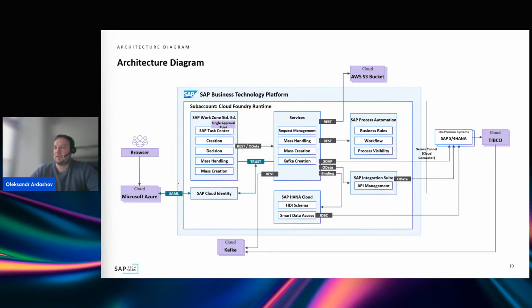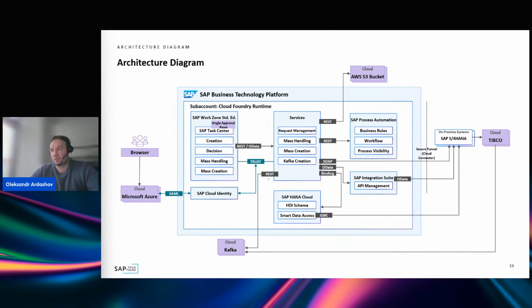And as I already told, we have an identity provider. Basically, it is Microsoft Azure Identity Provider, which gives us a set of users and their groups who will have access to our application.